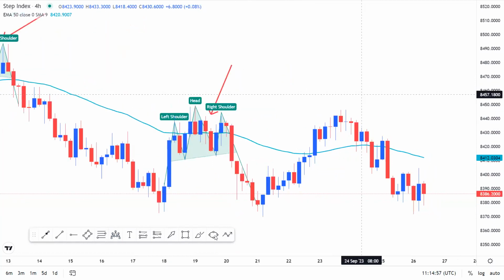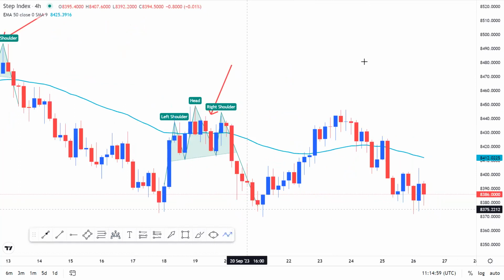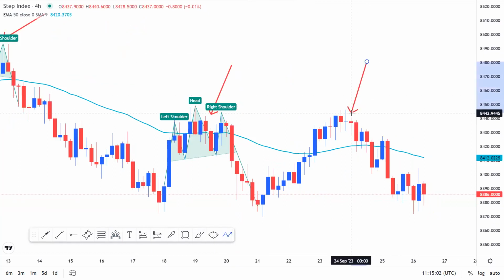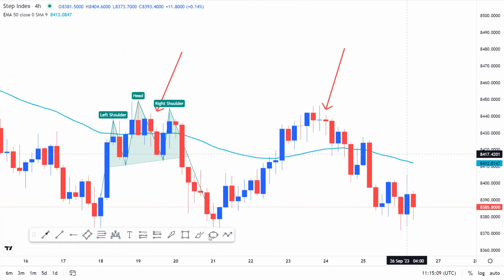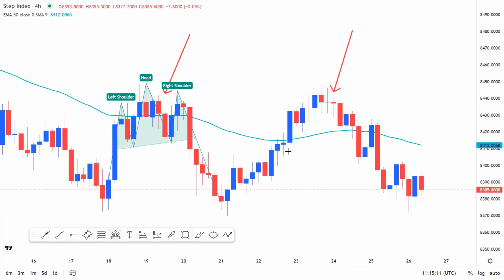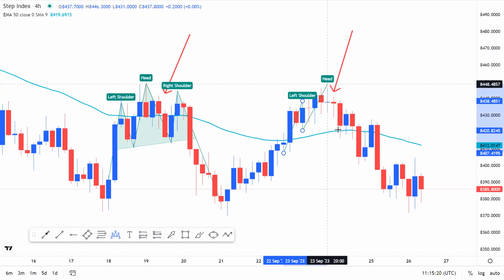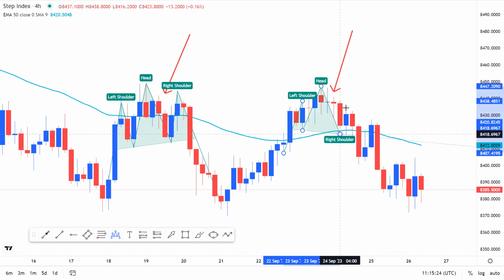And then, of course, this is a third head and shoulder pattern right here. Here we have the left shoulder, the head, and then this being the right shoulder.